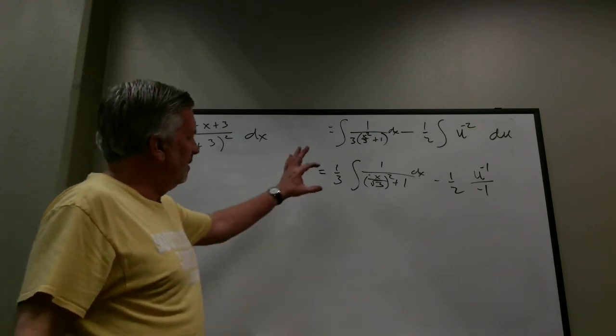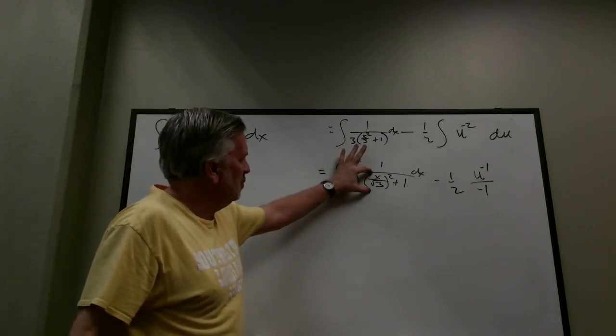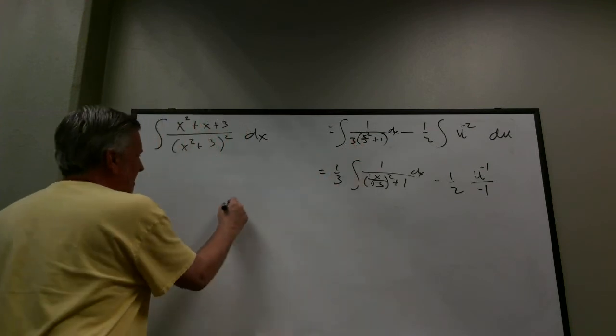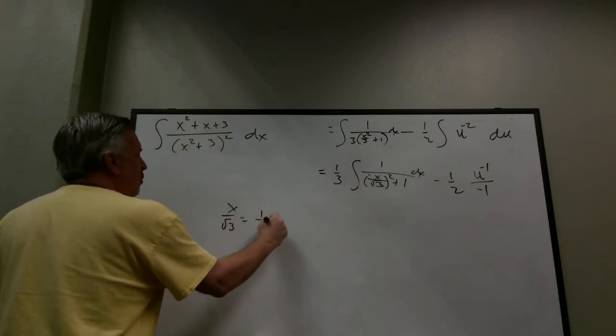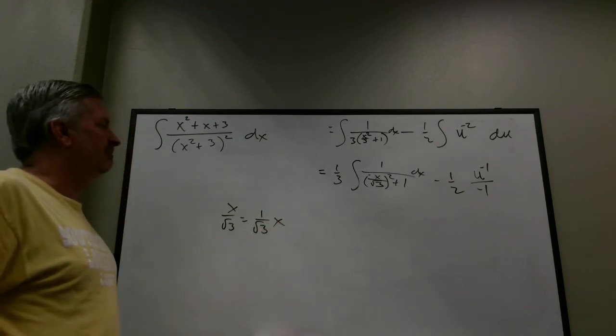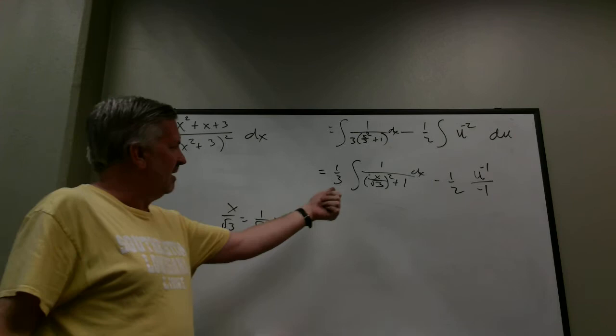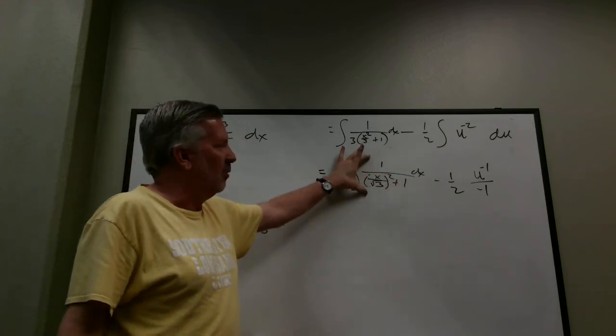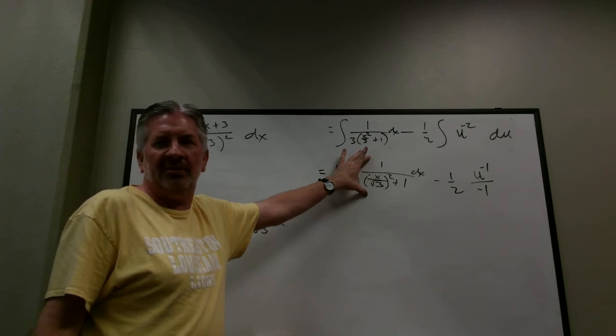Okay, notice if I let u, not the same u here, if I let u be x over root 3, think of x over root 3 as 1 over root 3 times x. That's a linear substitution. So I don't really have to work this out, right? If this is u and I do the substitution, you get u squared plus 1. 1 over u squared plus 1, the integral of that is arctan.